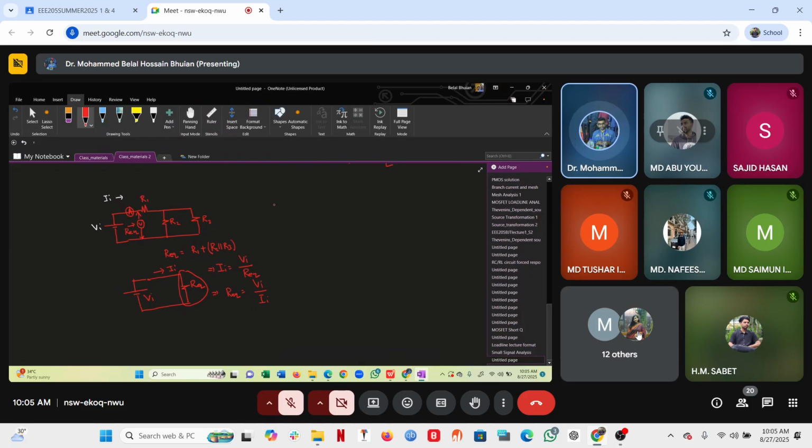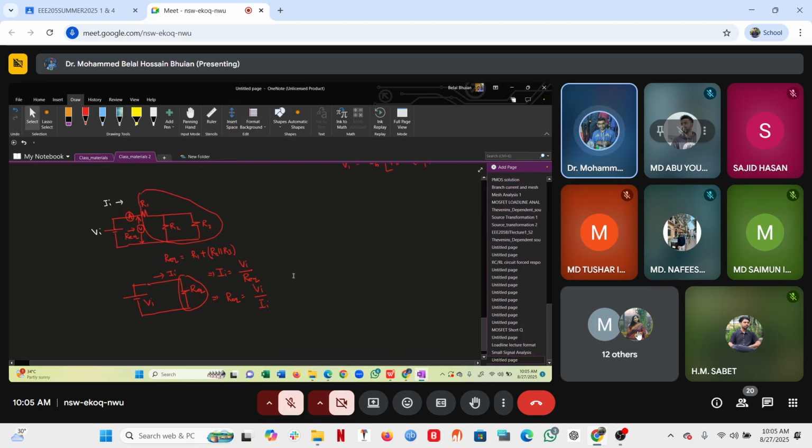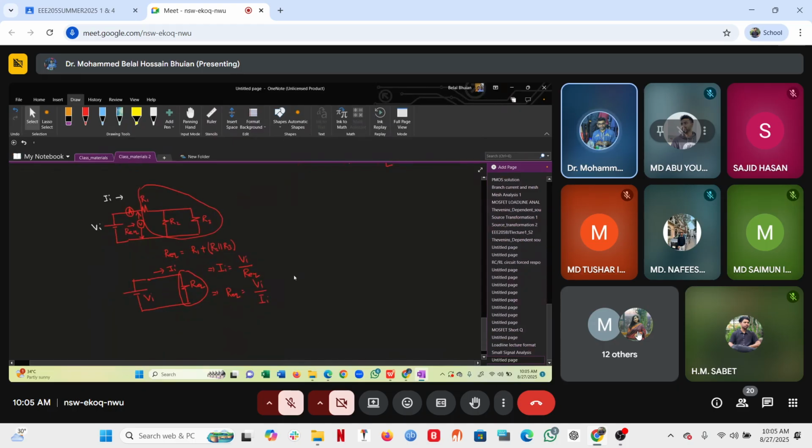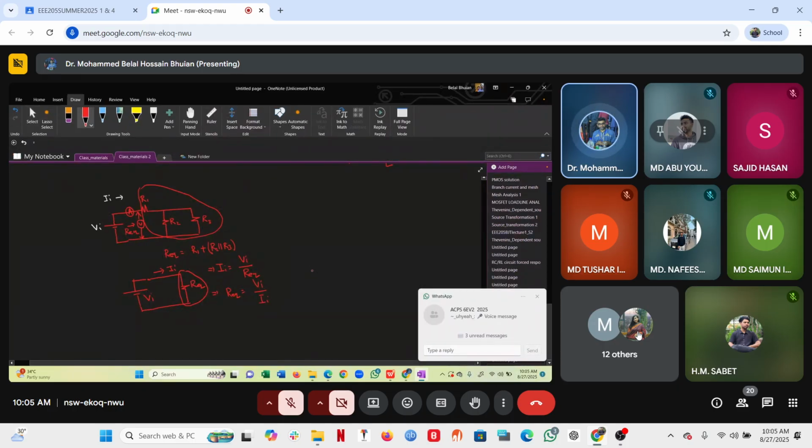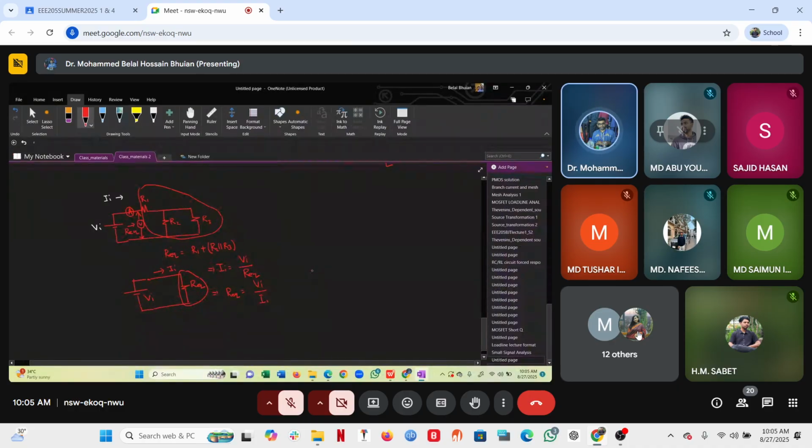Now what does R equivalent actually mean? R equivalent means this whole thing, this and this are the same. So everything inside is our R equivalent. Okay. So the idea is that there is one way to determine the equivalent resistance: R2 parallel R3, and then R1 in series.